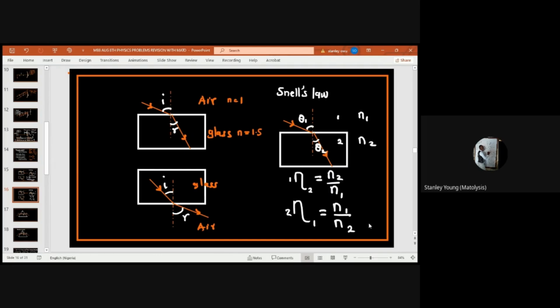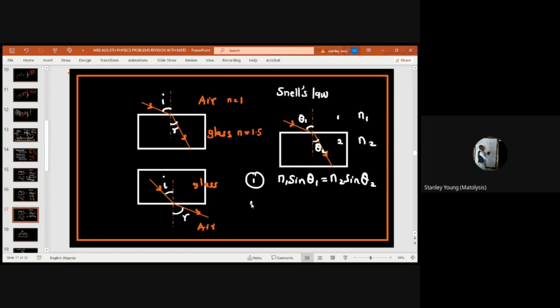Another thing I need you to know is an alternative way to write Snell's law. In fact, that's the best way to memorize Snell's law. You can do N1 sine theta 1 equals N2 sine theta 2.